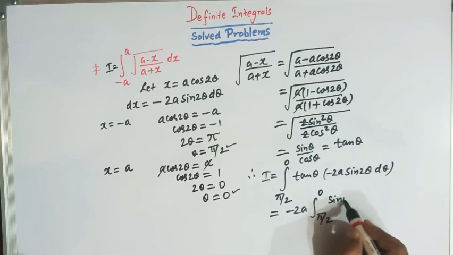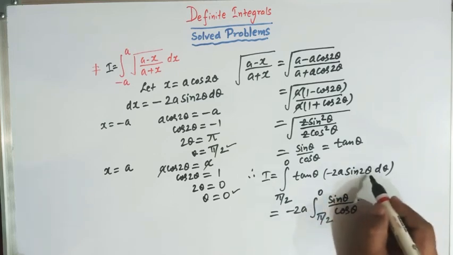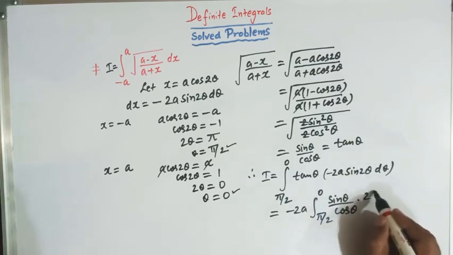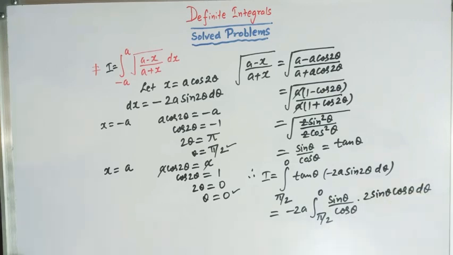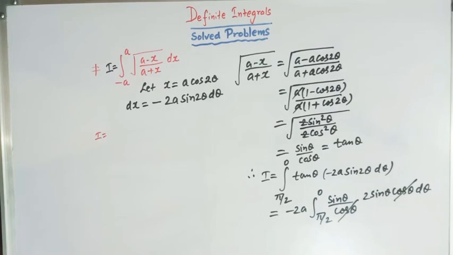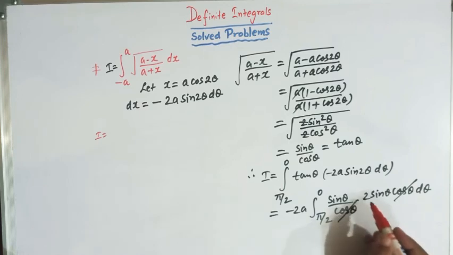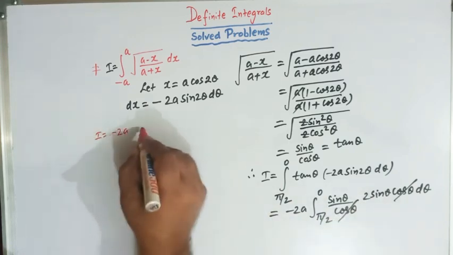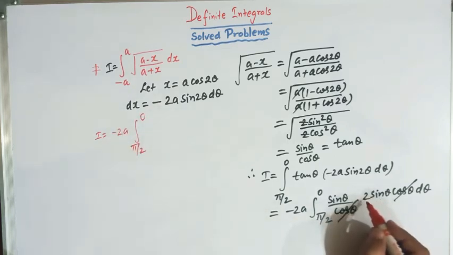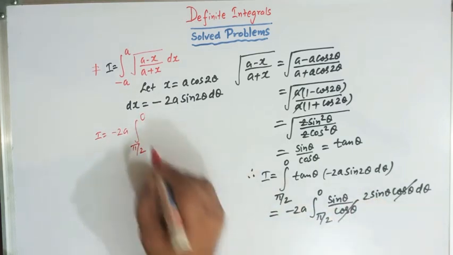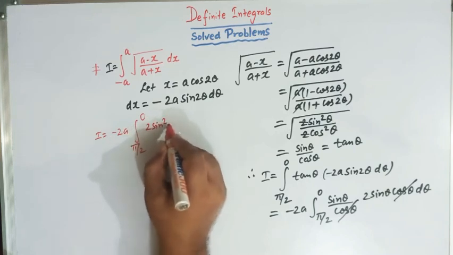For tan θ we have sin θ over cos θ, and for sin 2θ we have 2 sin θ cos θ, and here we have dθ. Now cos θ gets cancelled, so we have I equal to −2a, from π/2 to 0, of 2 sin²θ.